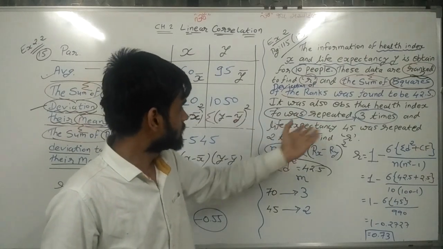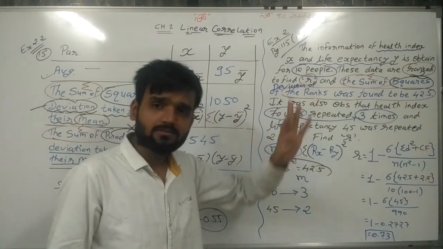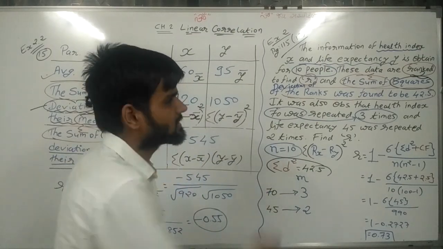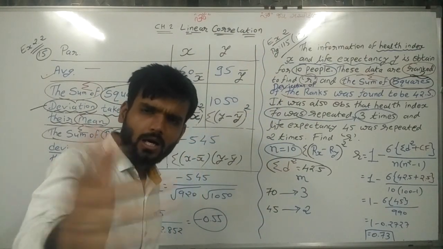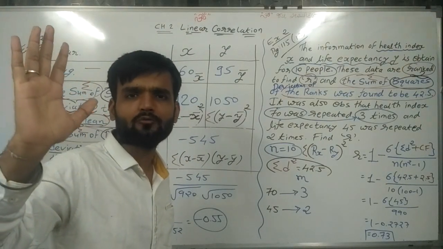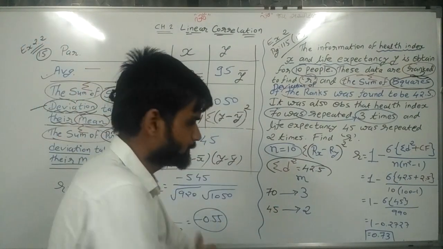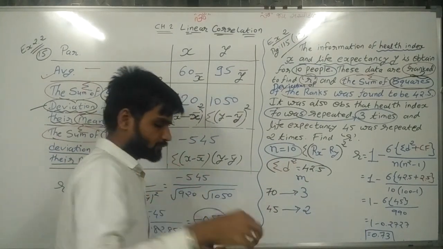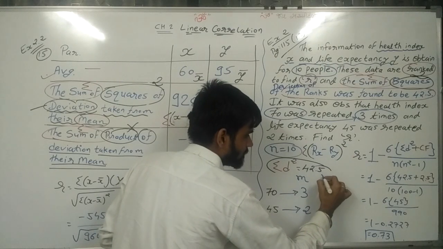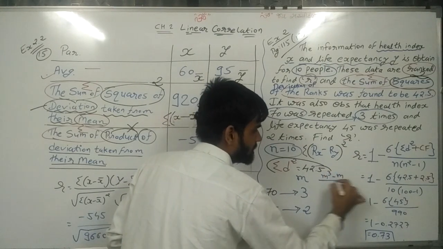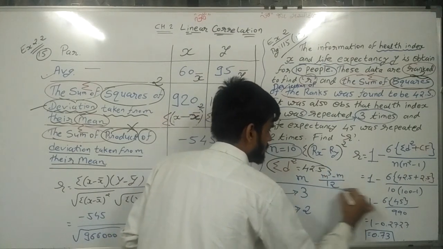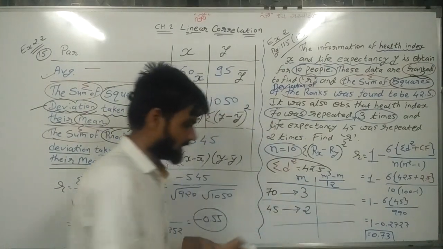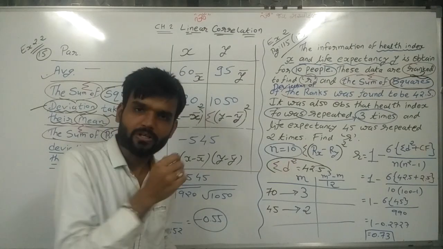Now find the correlation coefficient. Now the sum becomes easy, once you understand the question. We need to find M cube minus M divided by 12 for both data.